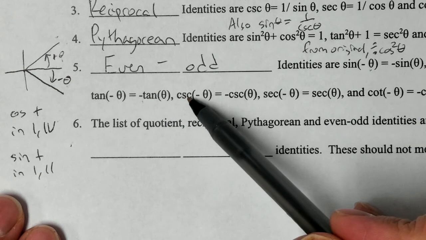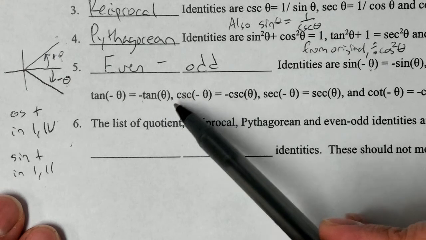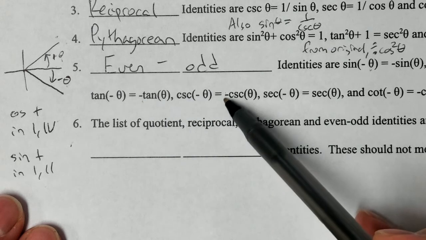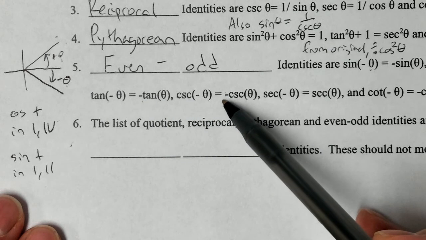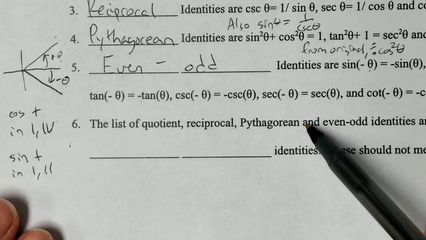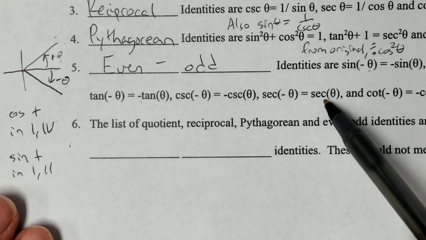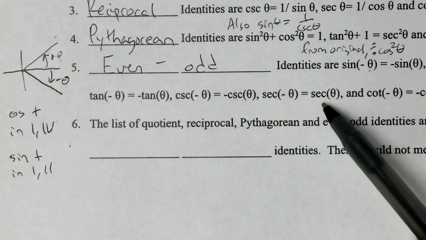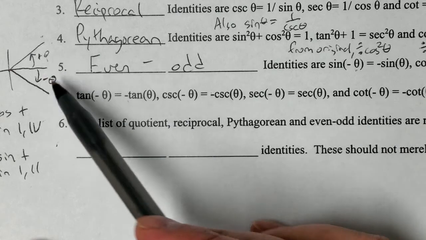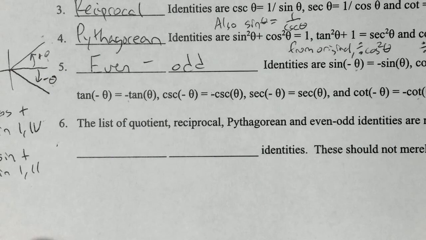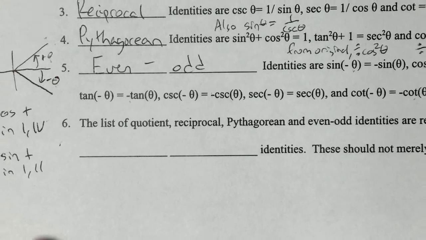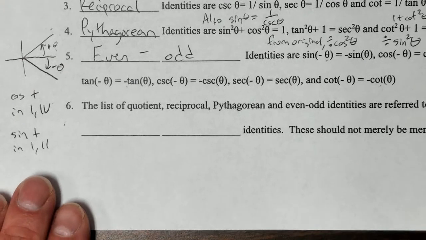Now cosecant is related to sine, and so that's why it would have a negative, meaning the opposite. Cosine is related to secant, and so that'd be the same. And then cotangent would be an opposite sign, like tangent. So that's where it comes from.